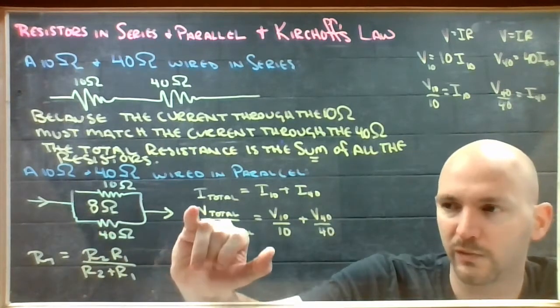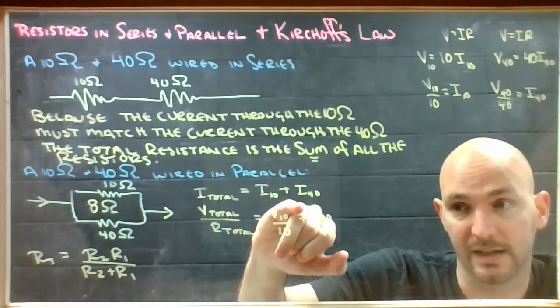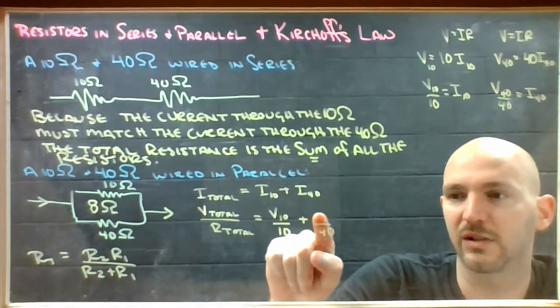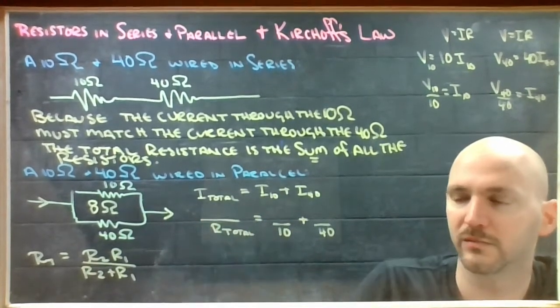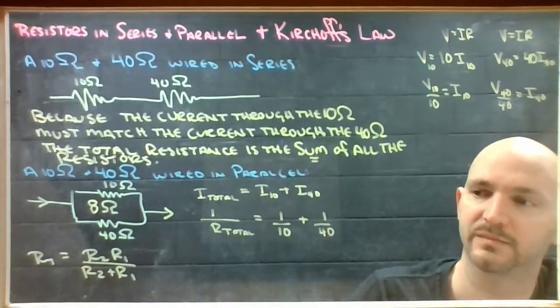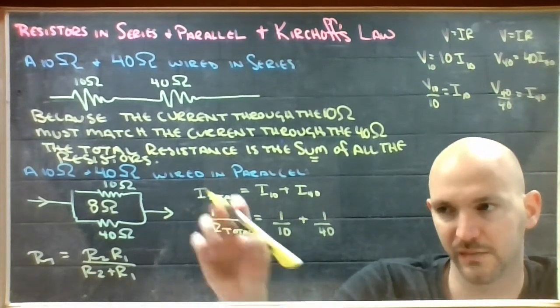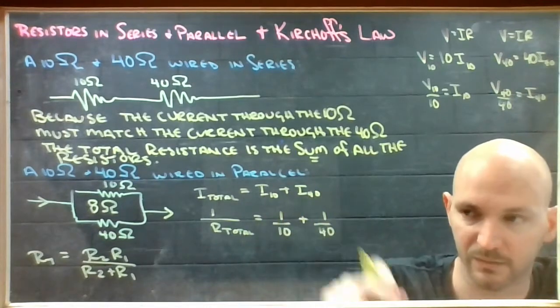So the total voltage then is equal to this and equal to that, which means they divide each other all out. And I just got to leave a little placeholder there, because V divided by V is 1, V divided by V is 1, V divided by V is 1.